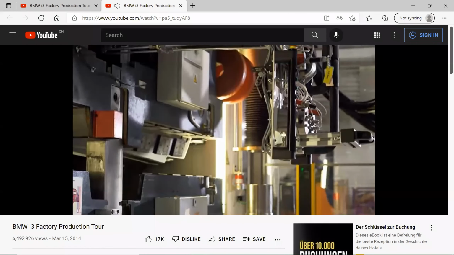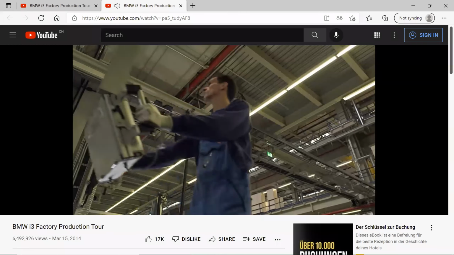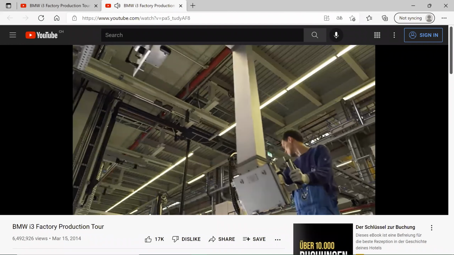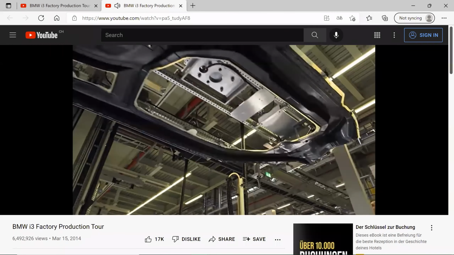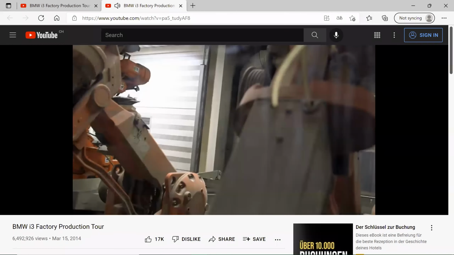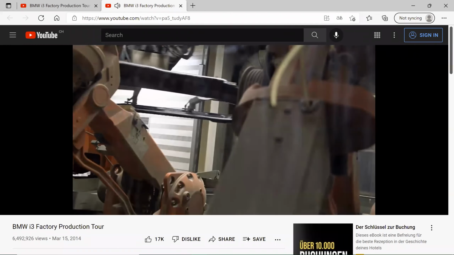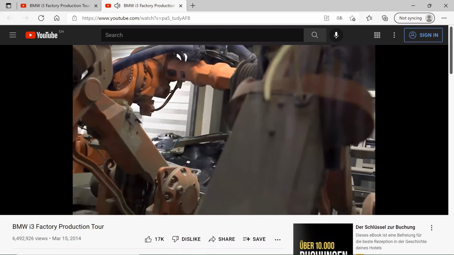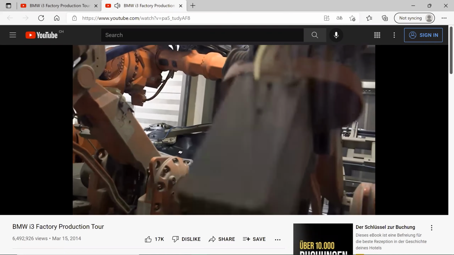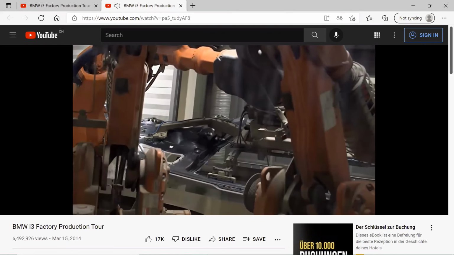We'll skip that video. Now that's the side made in one piece. And they're now trimming this with a water jet cutter like you saw in the video.